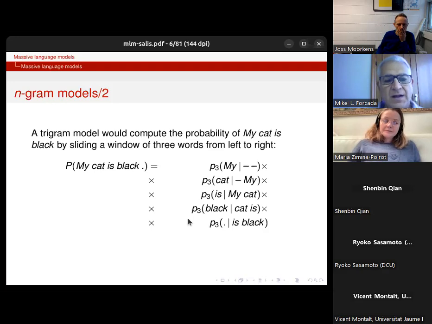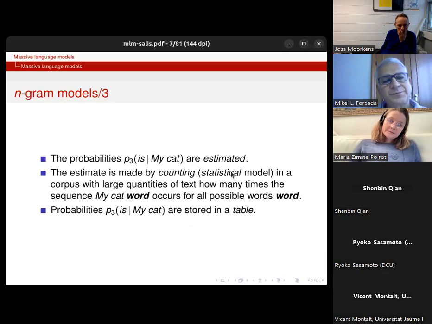And then when we're fully into the sentence, we multiply by the probability of "is" after "my cat," and the probability of "black" after "cat is," and finally the probability of the period after "is black." So basically you slide this window, pick up the probabilities and multiply them.